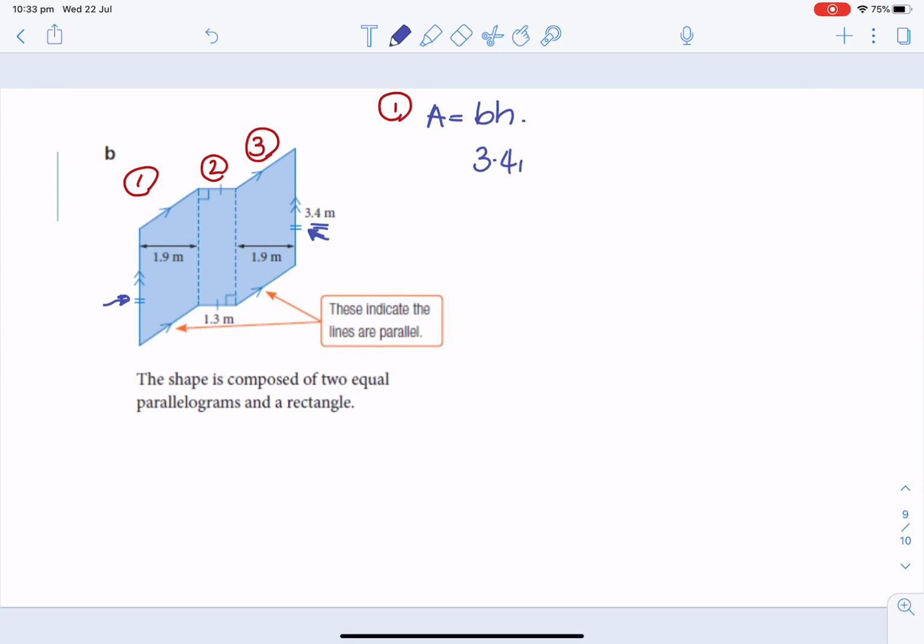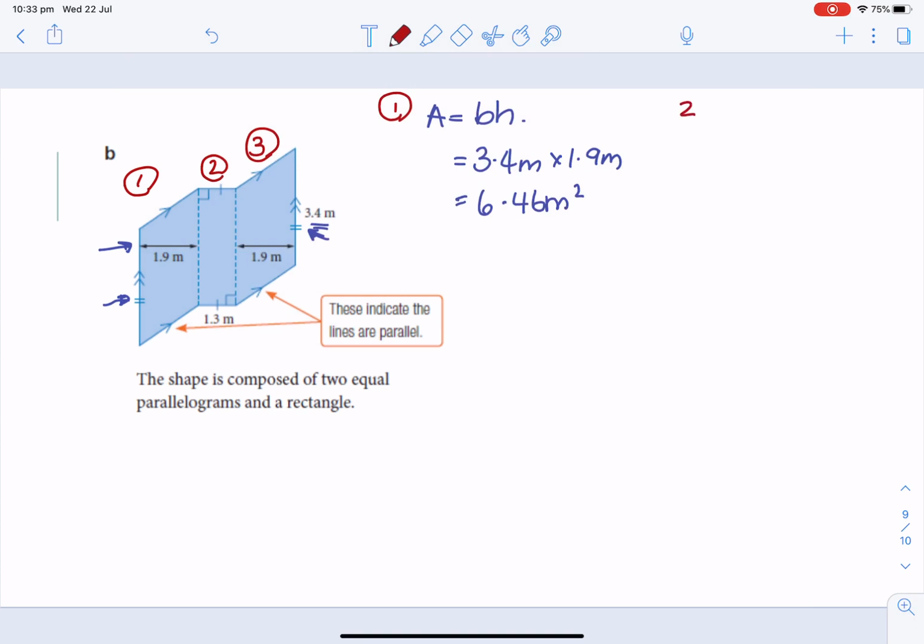It's a 4. 3.4 meters. And my height is 1.9 meters. Just plugging this into my calculator again, giving me an area of 6.46 meters squared. So remembering that we're using meters.